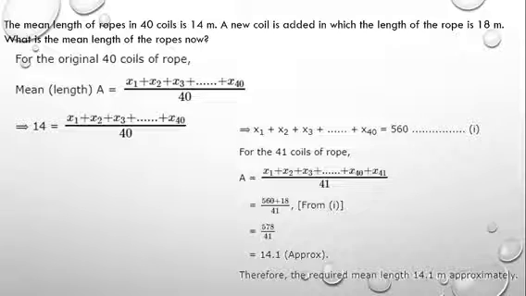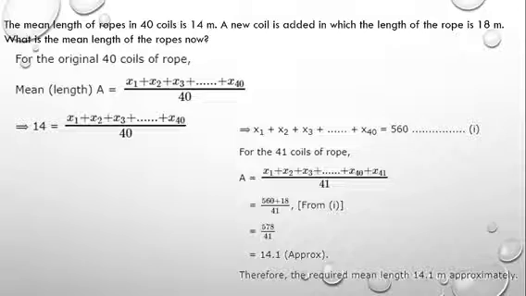It will be 560, which is the addition of the length of the rope for the 40 coils, plus the extra coil where the length of the rope is 18. We add those together, 560 plus 18, and then divide by the new number, which is 41. And that will give us our new mean. All right, so 578 divided by 41 gives us 14.1 approximately. So whereas the initial mean was 14 meters, now we have 14.1 meters as our new mean.